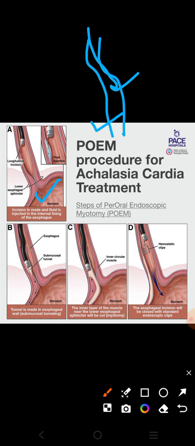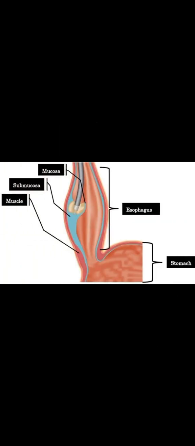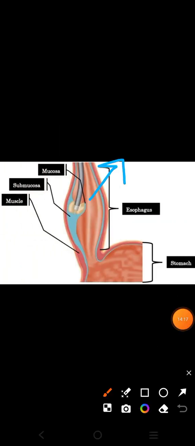When you come to the lower esophageal sphincter, you cut it, and you see whether the lower esophageal sphincter muscle tone has been reduced or not, right? After that, the nick that you have produced in the mucosa is closed again by a clip. You can see here that this is the mucosa. You give a nick in the mucosa, you pass the instrument by creating a submucosal tunnel.